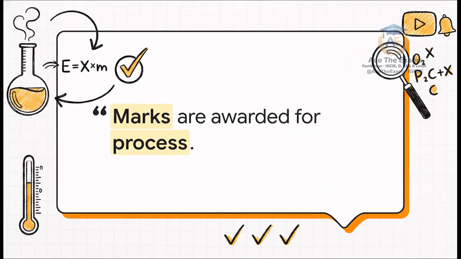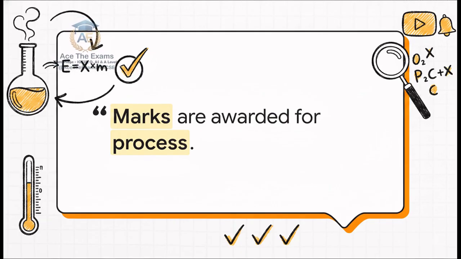You need the PEL framework for physics: point, evidence, explanation, and link. So, when you're asked to describe melting in terms of particles, your point is the state change itself. Your explanation must detail how the thermal energy input is being used to overcome intermolecular forces, breaking the bonds between particles rather than increasing their kinetic energy. That right there satisfies the core principles of the mark scheme.